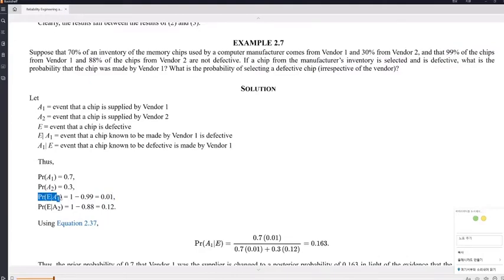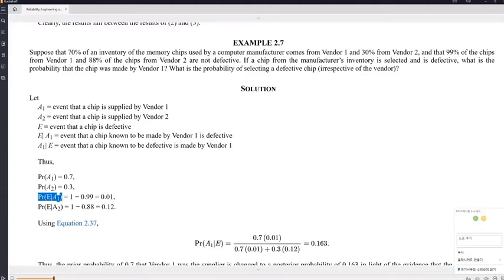So this becomes the conditional probability that a chip is defective when it was supplied by vendor 1.